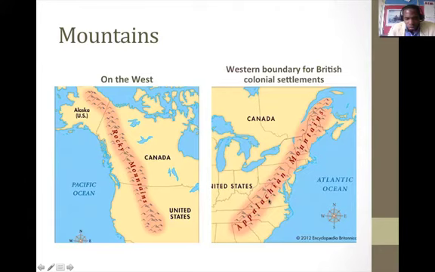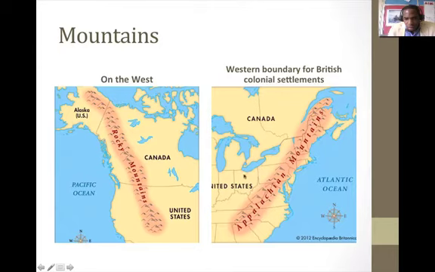Usually you learn in global studies that landmasses, like mountains and rivers, kind of separate cultures. So the colonists were separated from the Native Americans. But when they finally found a way through or around the mountains, they loved this area over here, which is the Ohio River Valley.